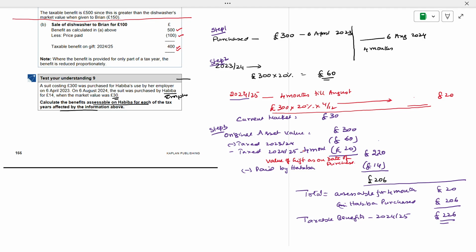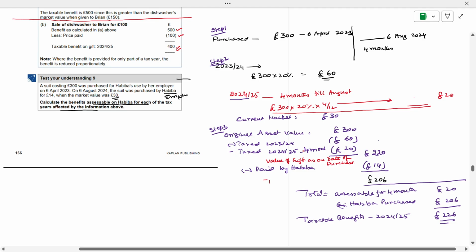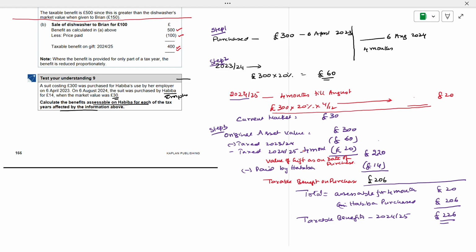The value of the asset at the time of purchase is 220. He has paid only 14 and he got it for 206. This is the taxable benefit on purchase, and this is the taxable benefit for 4 months.